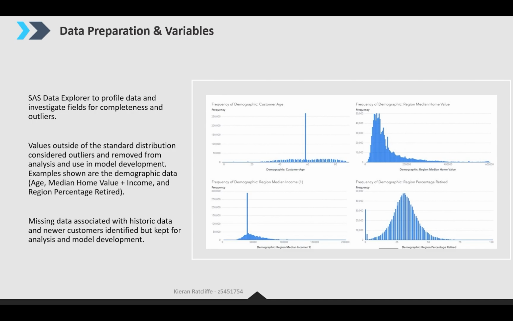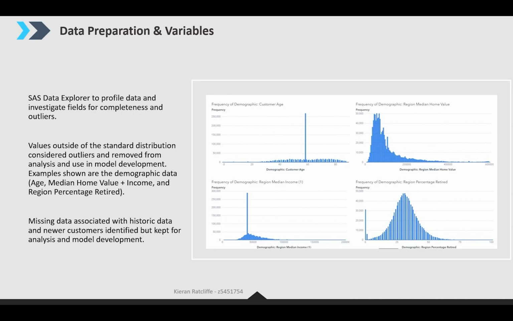Outliers are known to affect analysis and model performance, and as such should be removed in the build phase of the model. Values far outside of the standard deviation for each of the demographic measures were removed, as shown in the figure on the right. These included instances such as the demographic customer age equal to -1, demographic median incomes below $10,000, and demographic median home values below $10,000.